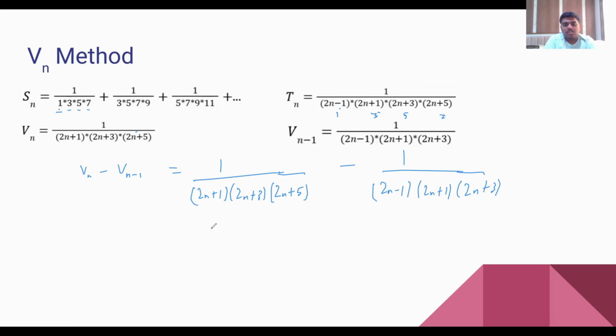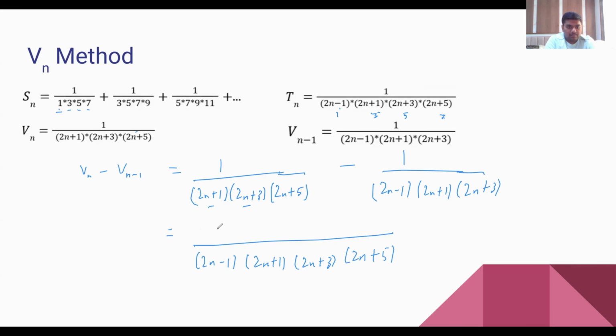Now, from these two terms, you can take these two common, and for factorizing the denominators, what you will do is divide it by (2n minus 1)(2n plus 1)(2n plus 3)(2n plus 5).